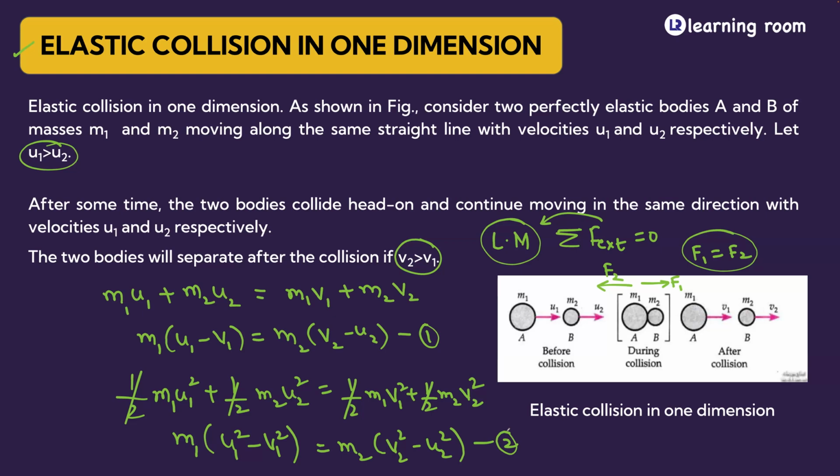Okay. Now I'm going to start solving these two equations simultaneously. Observe. The second equation says m1 into (u1 square minus v1 square) is equal to m2 into (v2 square minus u2 square).